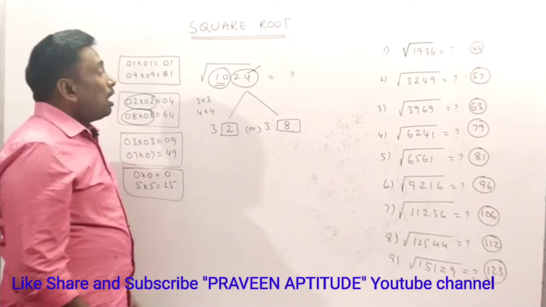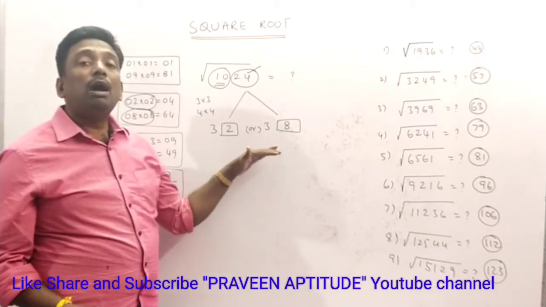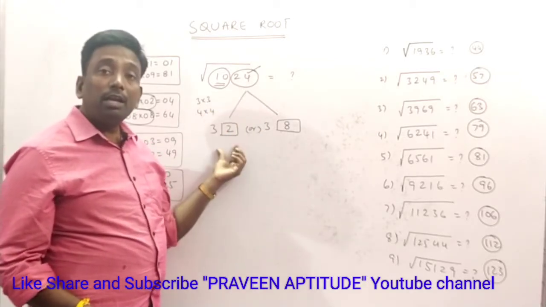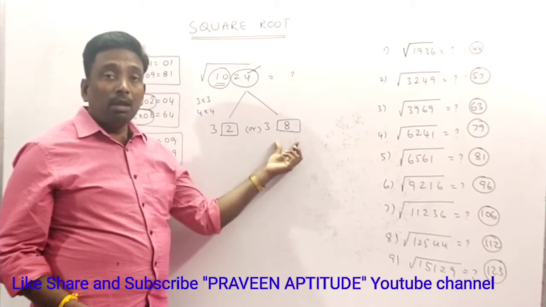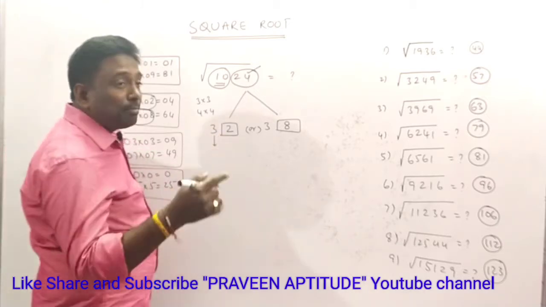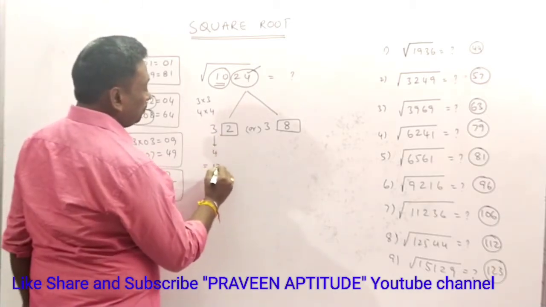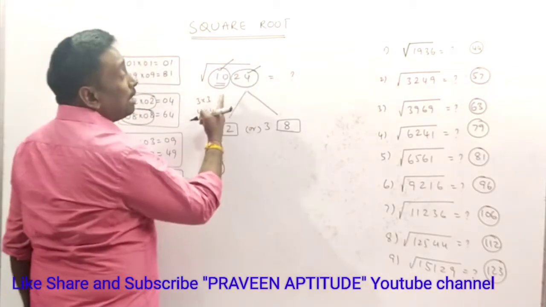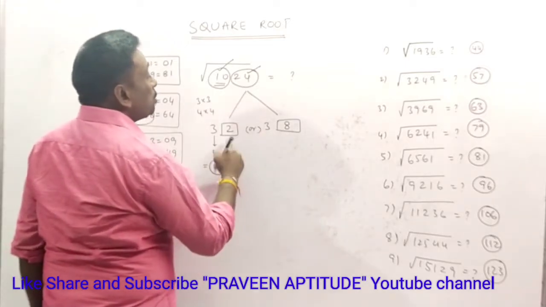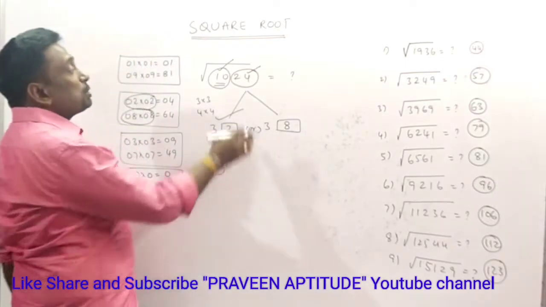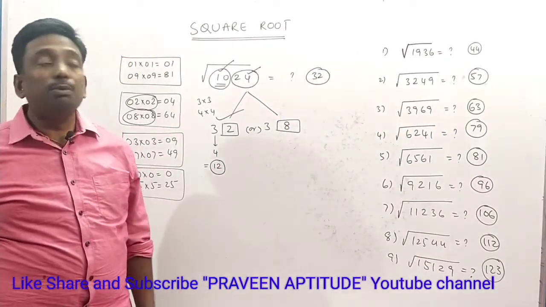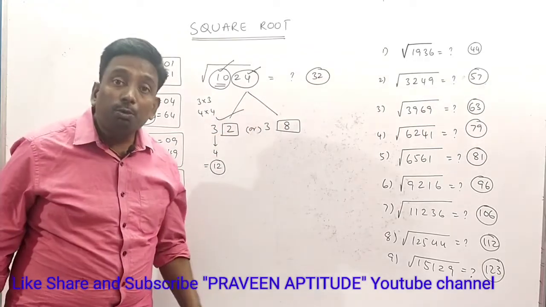After completion of this, we have to decide which is the square root of 1024, either 32 or 38. Here simply multiply 3 with the next number, that is 4. 3 4s are 12. Now compare with the left side 10, which is less than 12. That's why in these two numbers, which is less? 32. That's why the square root of 1024 is 32.